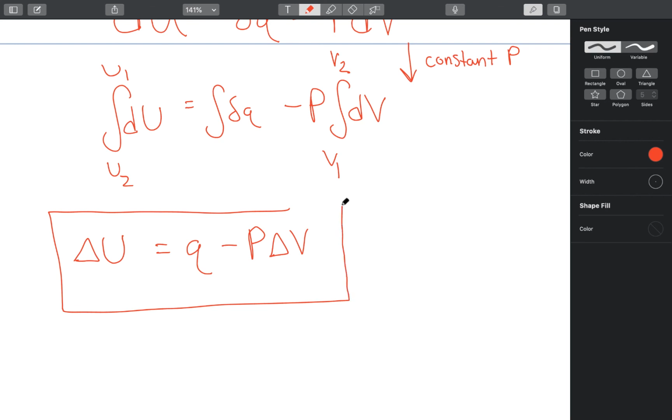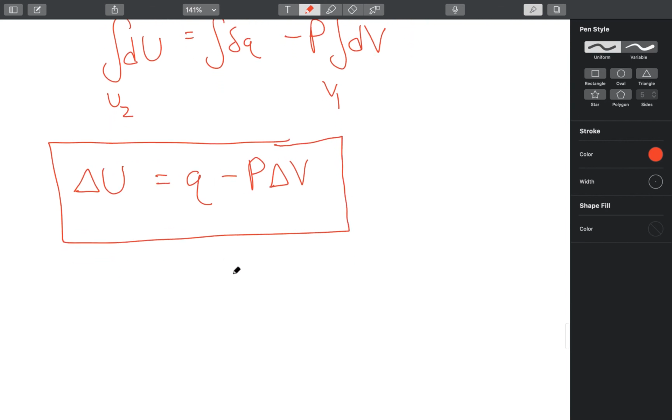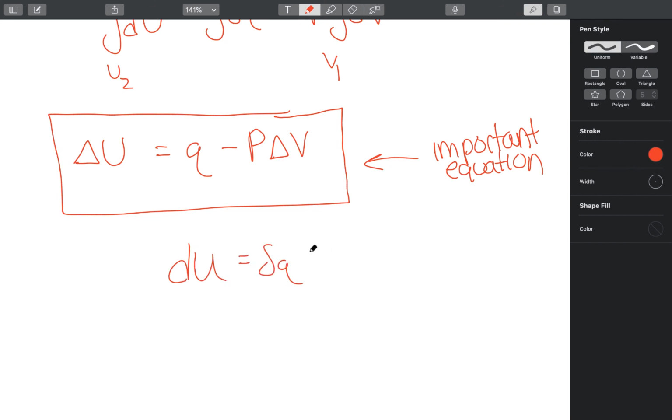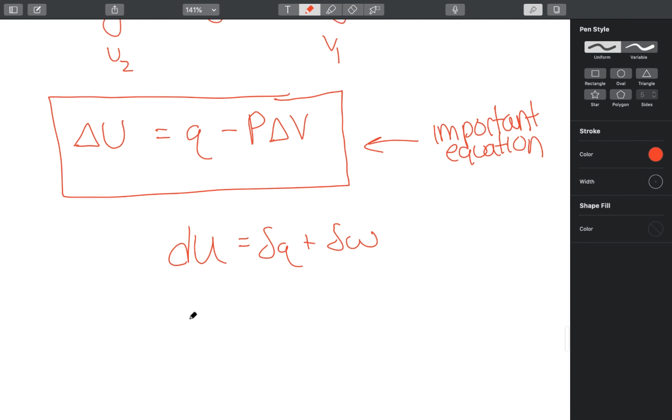So this is an important form of the equation that you need to know. And the other important equation is simple. This is how you'll see it in most textbooks. Most textbooks don't present the first law this way. They integrate it for you.